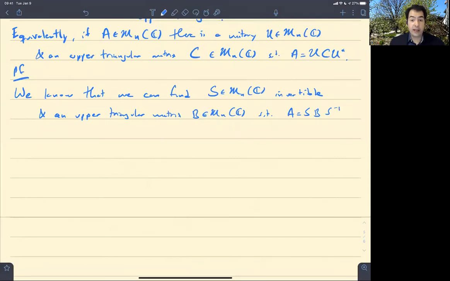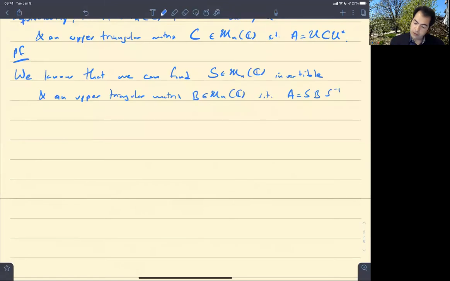So this is the triangularizability result that we've already shown. So one thing we've shown since then is the QR decomposition. So let S be equal to Q times R. Let this be a QR decomposition of S.